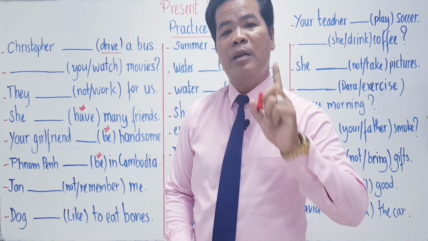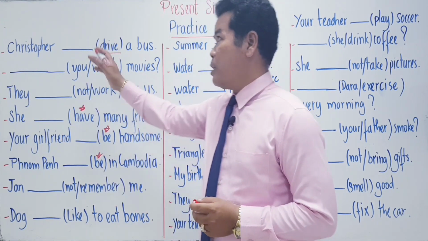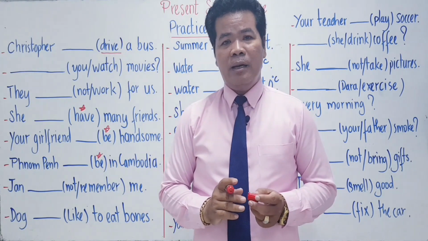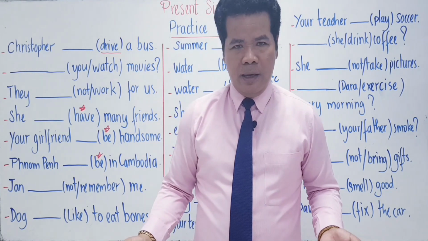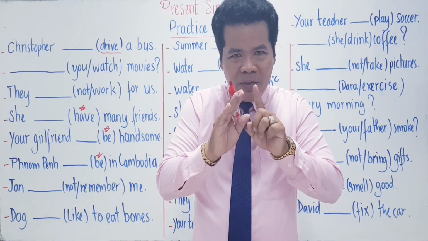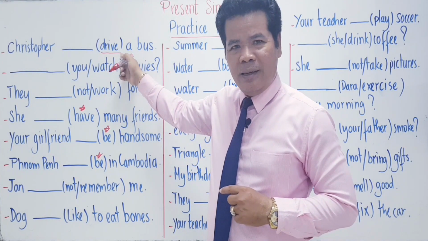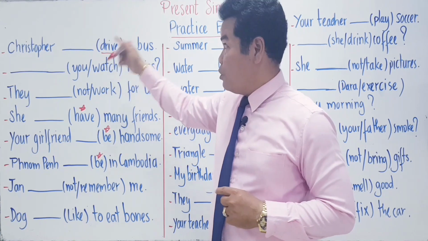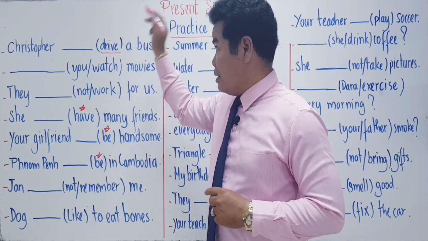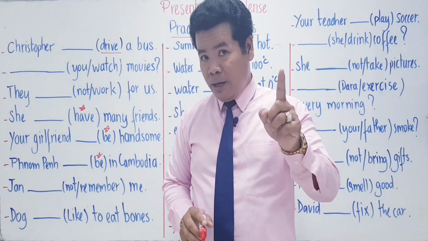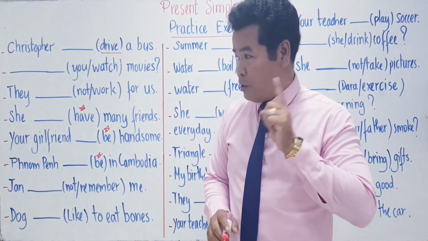And you have to focus on the subject, third person singular. When the subject is not the third person singular, they use I, we, you, and they. Do not think about S or ES. Okay? When you see the verb in the sentence, in the present, and then the subject is the third person singular, you have to be careful. Okay, let's go together.